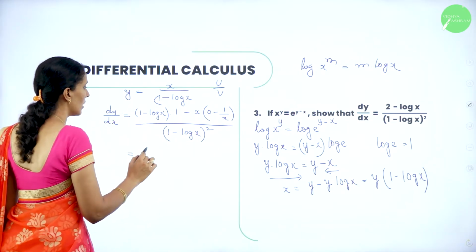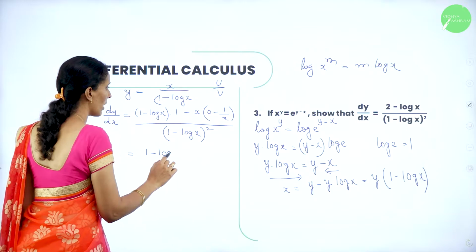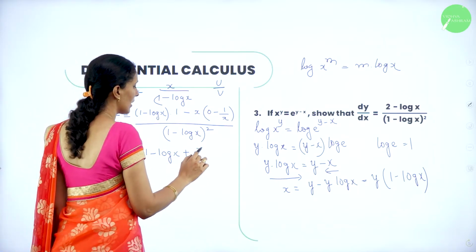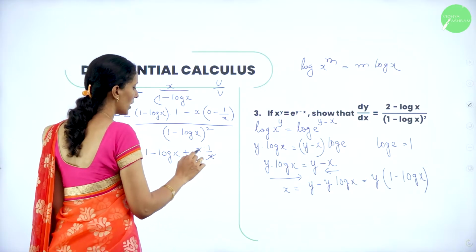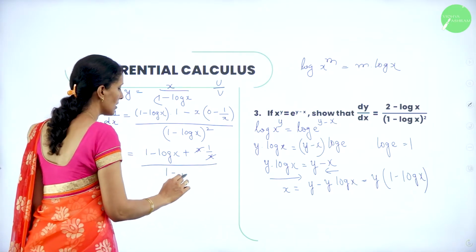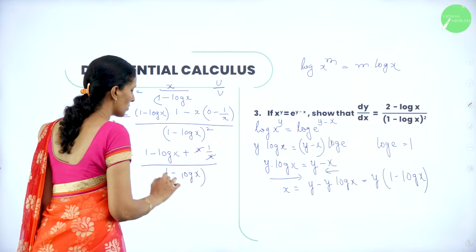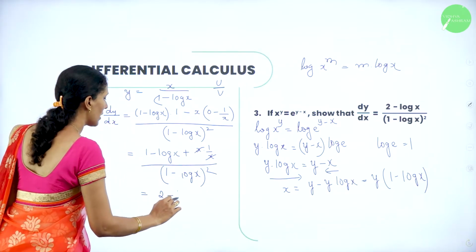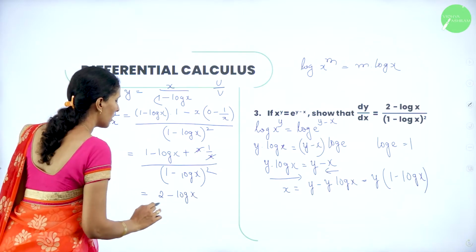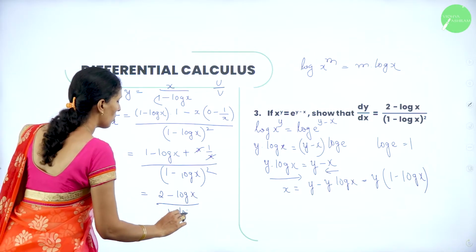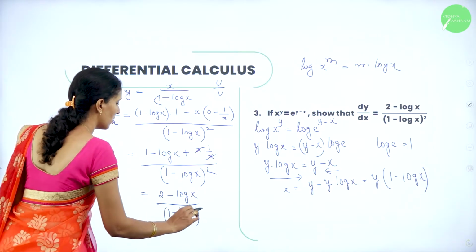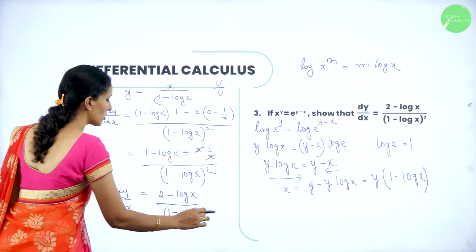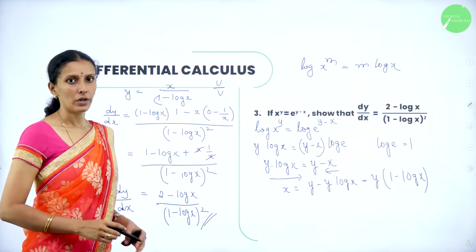So here it is 1 minus log x, minus into minus becomes plus, x into 1 by x which cancels, over 1 minus log x whole square. Here you have 1 plus 1, which is 2 minus log x divided by 1 minus log x whole square. So this is the given result. Hence we have proved it.